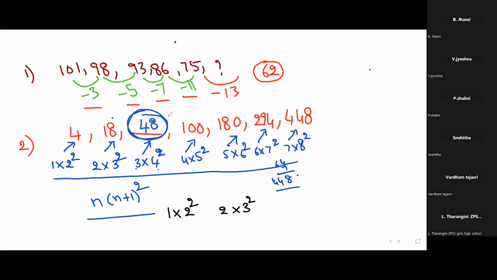If you write one below the other, you will understand that I am taking 1, 2, 3, 4, 5, 6, 7 like this. And here 1 plus 1, 2 square. Next one is 2 plus 1, 3 square, 4 square, 5 square, 6 square, 7 square, 8 square, and so on. Now you multiply. This is the pattern that is followed here in this.